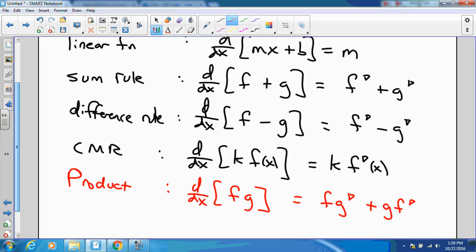Exactly, and I usually write it the other way, but it doesn't matter which way I write it. The formula is symmetric because multiplication is commutative. Yes. So we can write f g prime plus f prime g. Sure.